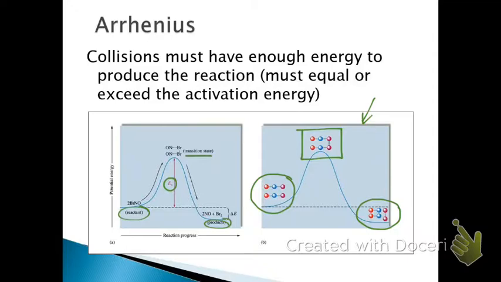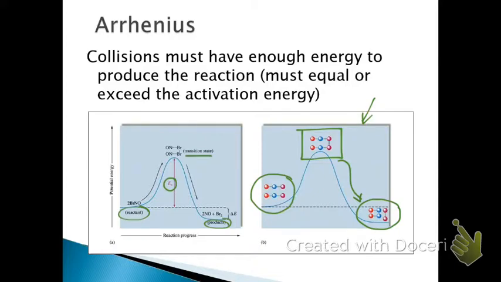So the energy of activation is really just how much energy does it take to transform my reactants into the transition state. And then once they're in the transition state, then they can go on to create products. Okay? So again, a transition state is sort of like the hybrid between reactants and products. There's new bonds being formed, but I'm not quite to my products yet.